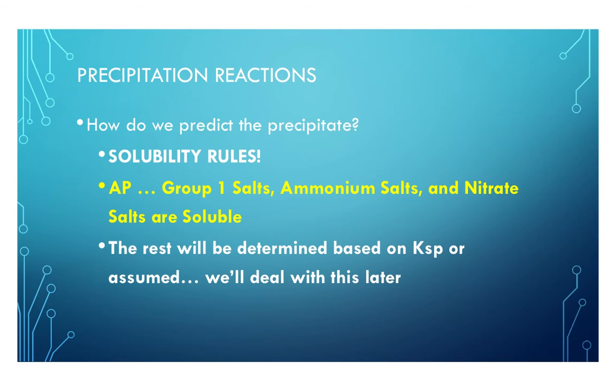In AP Chemistry, you are expected to know that any salt, simply meaning ionic compound, that has a group 1 metal in it, so any of the alkali metals, is soluble.